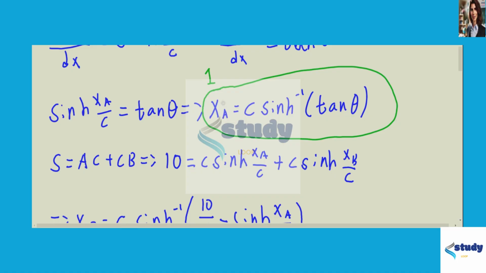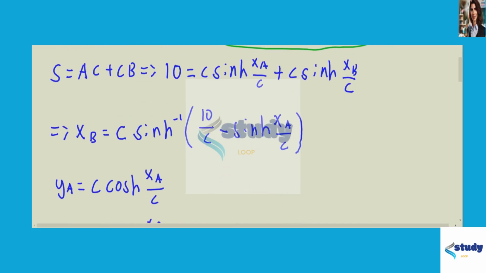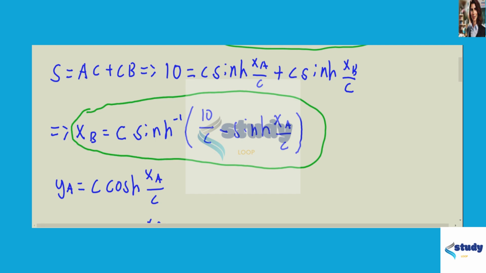So we can then take this value of x of a and plug it into this equation here using the same value of c, and this will be equation 2. And then this will give us a value of x of b.